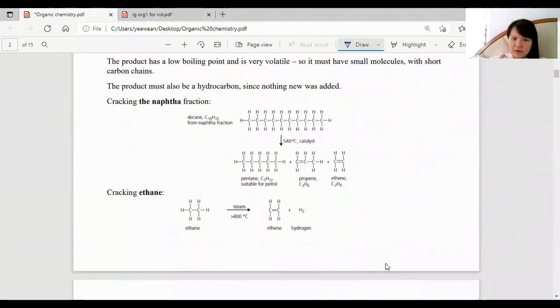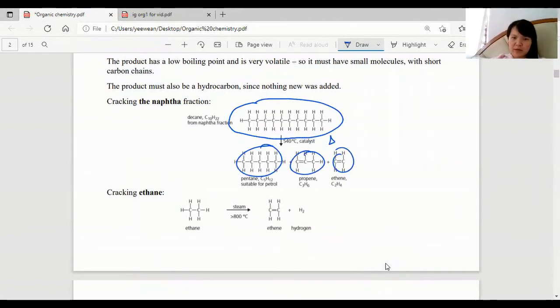It means that if you have one reactant here and you apply heat to this, it forms a few products, which means I didn't add A plus B and it became something else. It's just one reactant and it became a few things. That's a thermal decomposition reaction. That's what cracking is.